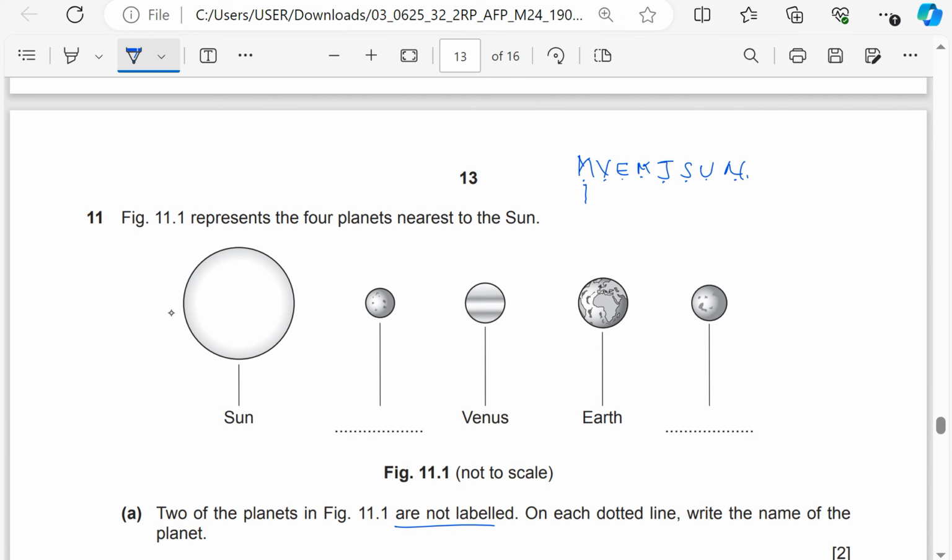Next to the sun is Mercury, followed by Venus, Earth, and the next is Mars. So this must be Mars, followed by Jupiter, Saturn, Uranus, and Neptune.